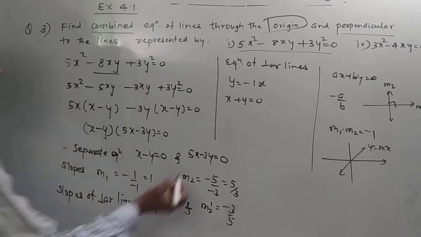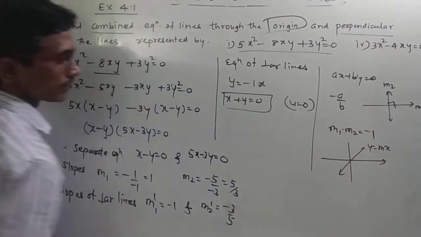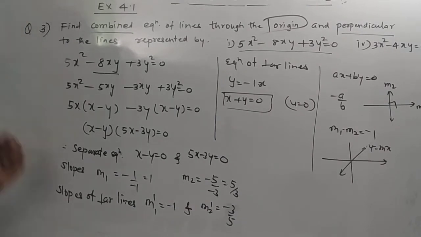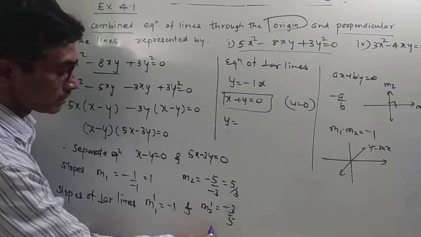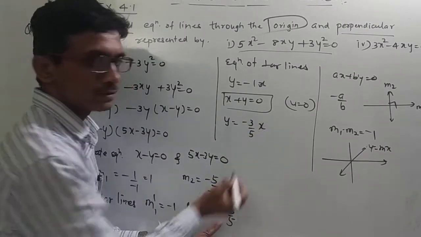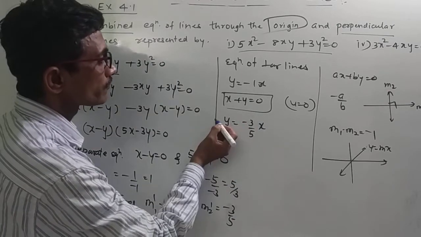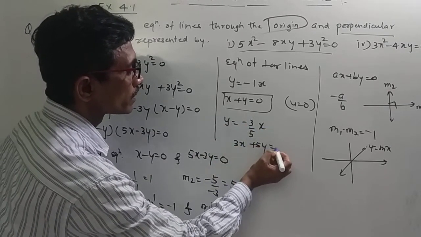The other line, suppose this is u is equal to 0. Then another line is y is equal to m2 dash. What is our m2 dash? Minus 3 upon 5 x. We simplify this, 5y and 3x plus 5y is equal to 0.